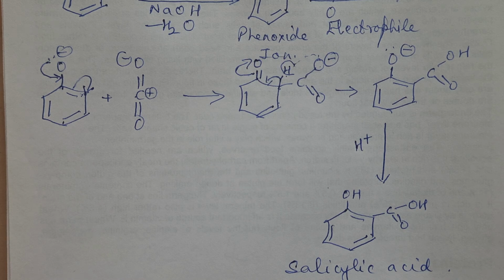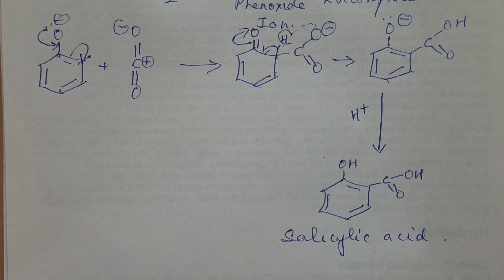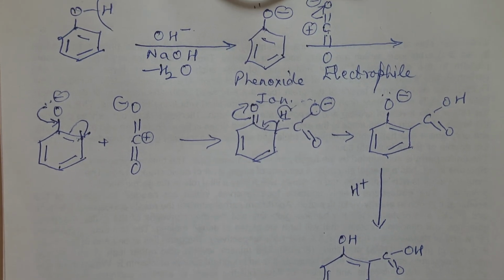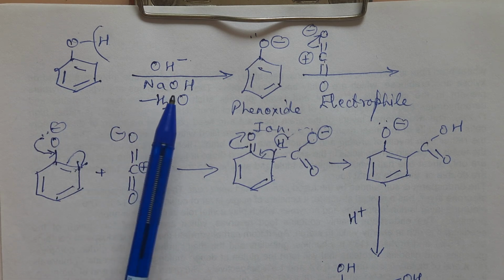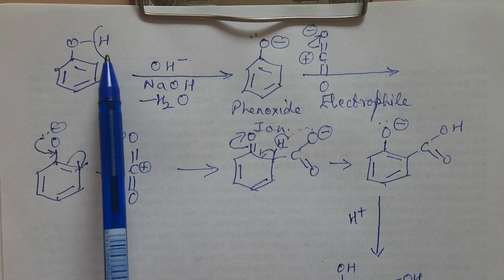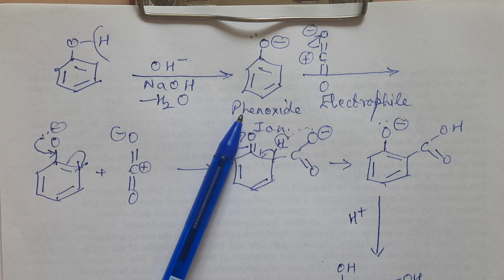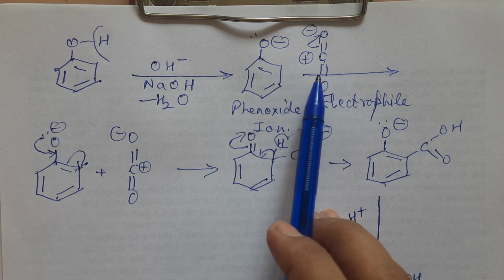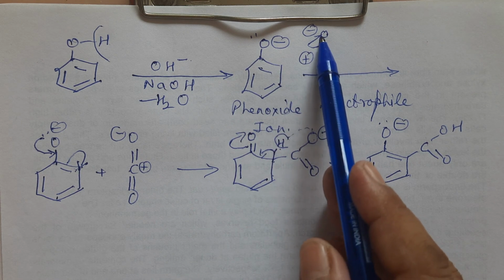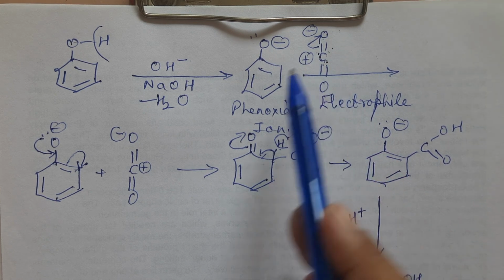So now you have seen both the mechanisms. I'm just turning it like this. From the beginning, the mechanism is: phenol in the presence of base first loses H plus, which comes out as water. It forms phenoxide ion. This phenoxide ion will be attacked by carbon dioxide, where the pi bond goes to O. That became negative, this became positive.